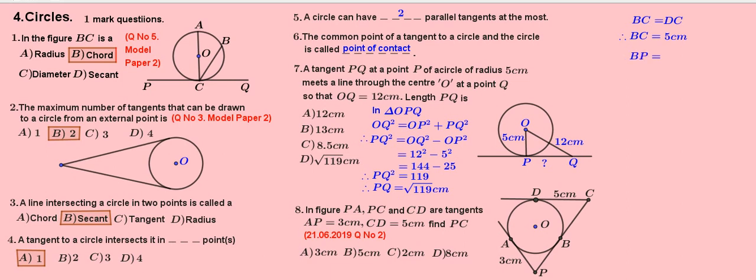Similarly, BP equal to AP. So BP is equal to 3 centimeter. Here PC can be written as PB plus BC. Substitute measures of BP and BC. We get PC equal to 3 plus 5. Therefore, PC is equal to 8 centimeter.